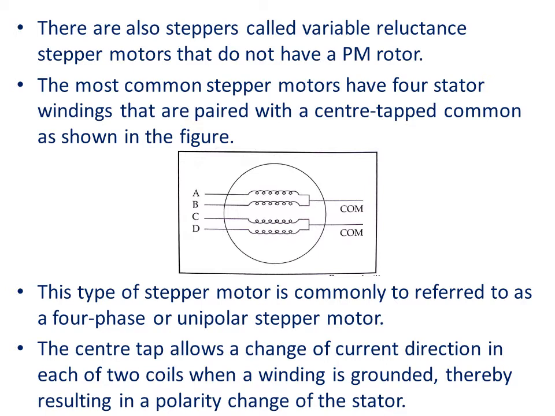This type of stepper motor is commonly referred to as a four-phase or unipolar stepper motor. The center tap allows a change of current direction in each of the two coils when a winding is grounded, thereby resulting in a polarity change of the stator.